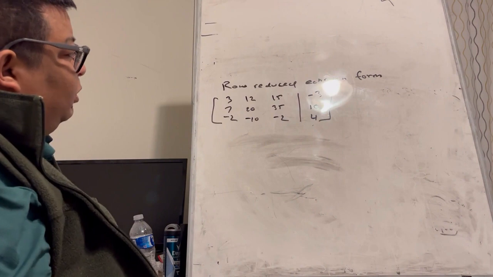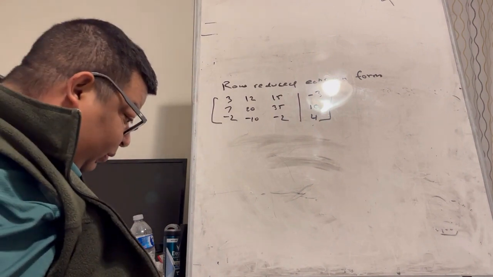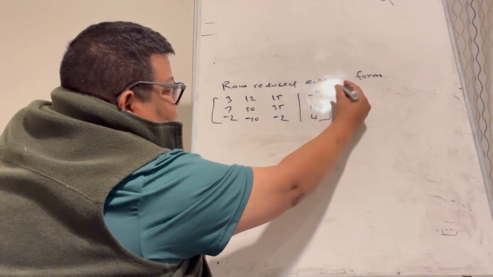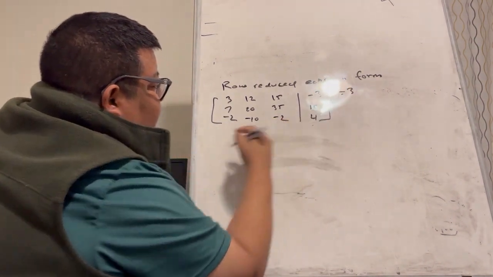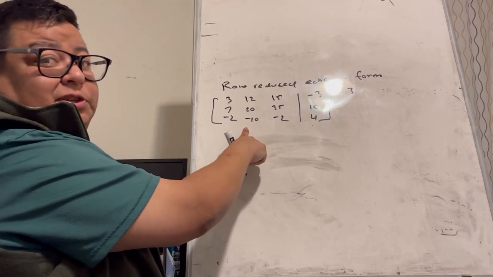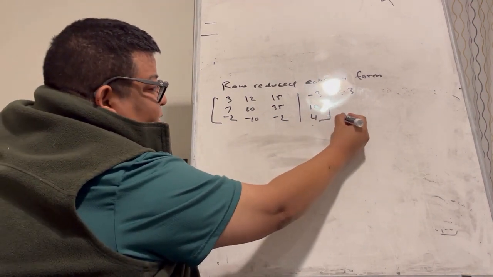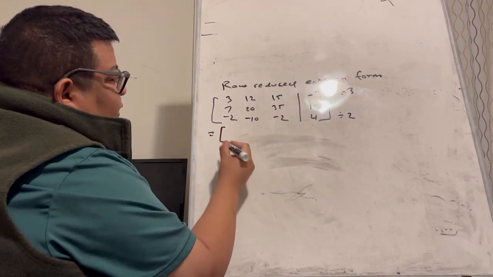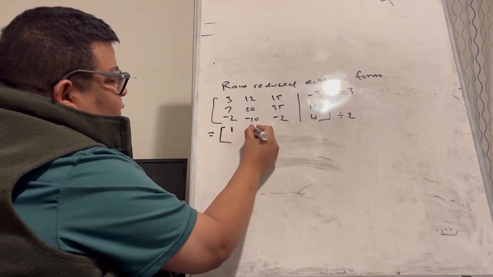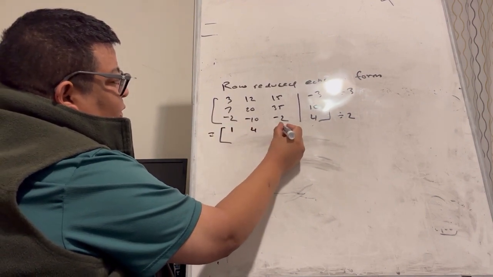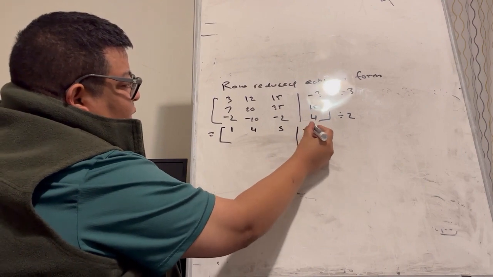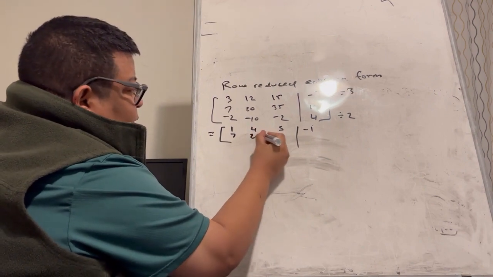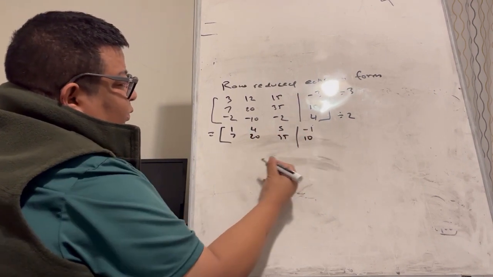Okay, so notice we can start. The first row we can divide by 3, so we can start by doing that. And also the last row is divisible by 2 in every term. So let's do that. So that will be 1, 4, 5, -1, 7, 20, 35, 10.